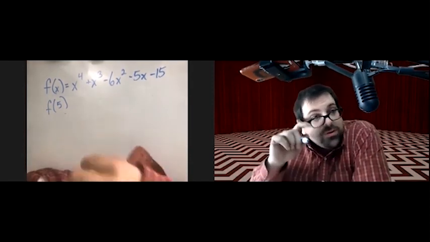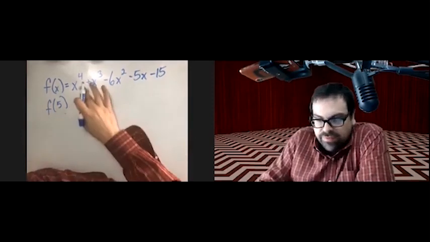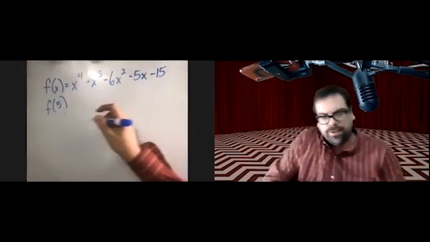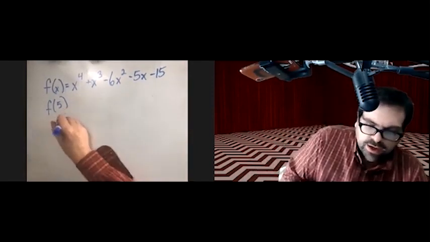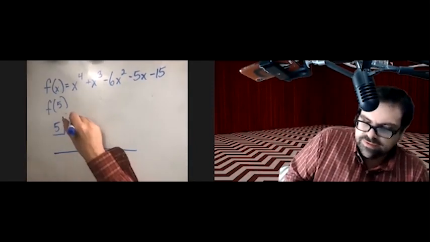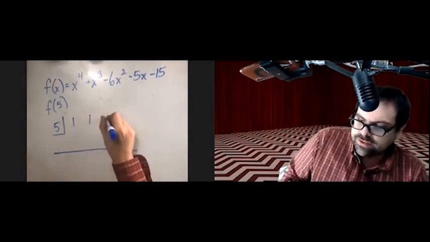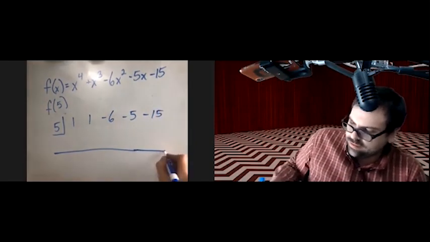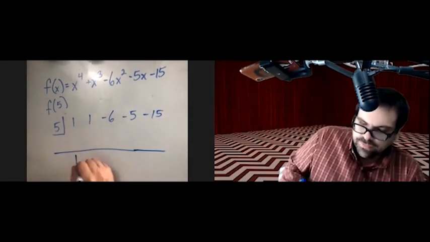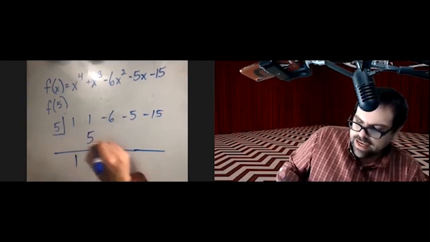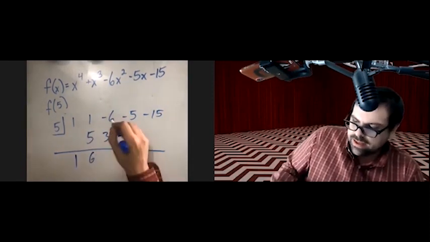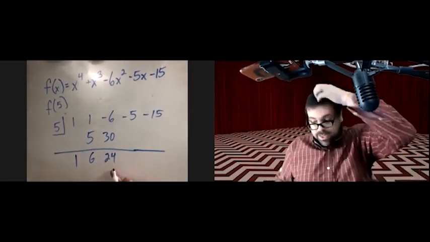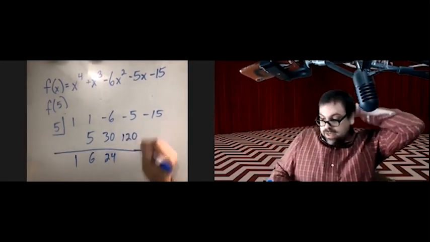Well, we want to use the remainder theorem. We don't want to plug 5 in everywhere. 5 to the 4th, 5 cubed. These are big numbers we're dealing with. It's a lot easier. Just put 5 in the box. Set up synthetic division. 1, 1, negative 6, negative 5, negative 15. Bring down the first number. Multiply and add. Multiply and add. Multiply and add.